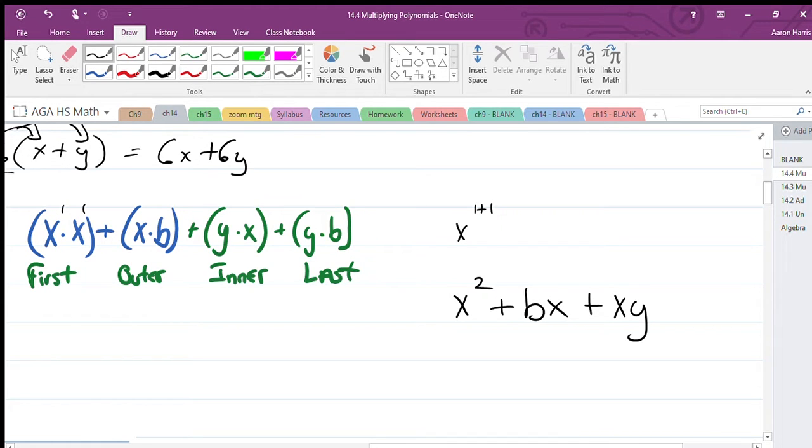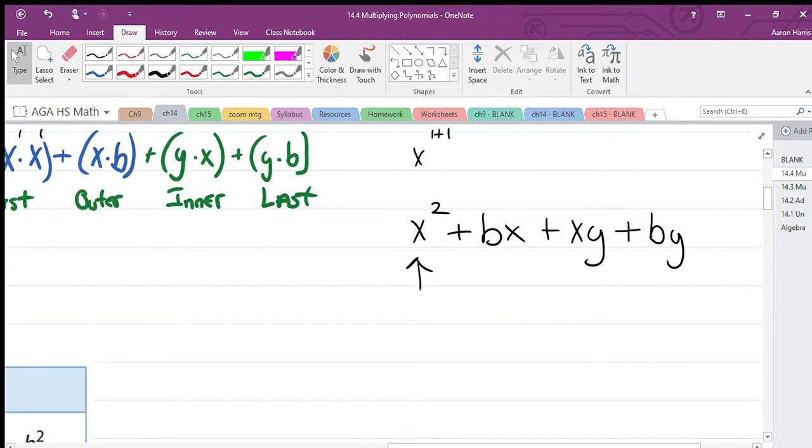Then this one, again, y times b, in alphabetical order, so by. So the first one is the one with the highest power, and then all the rest, I could put this into x squared plus bx plus by plus xy, and that is alphabetical order.